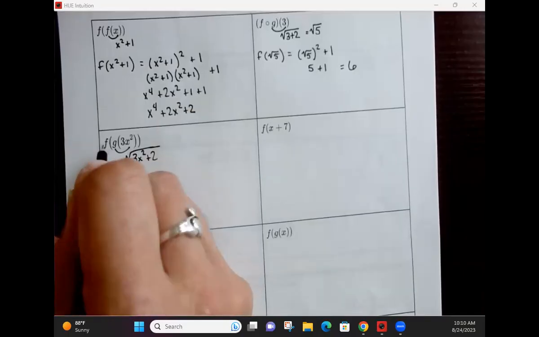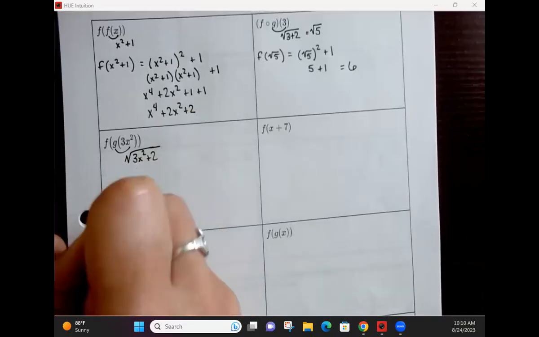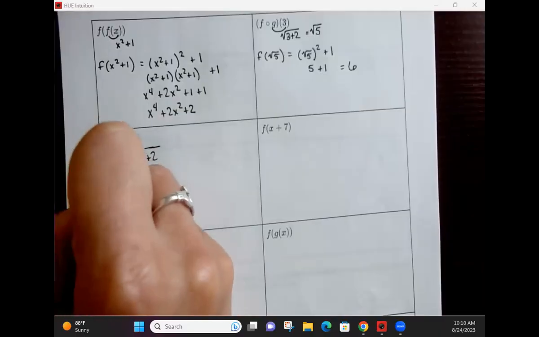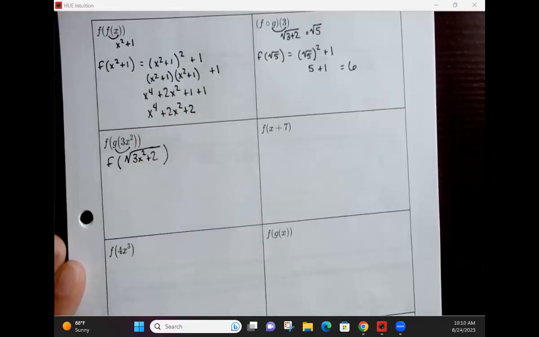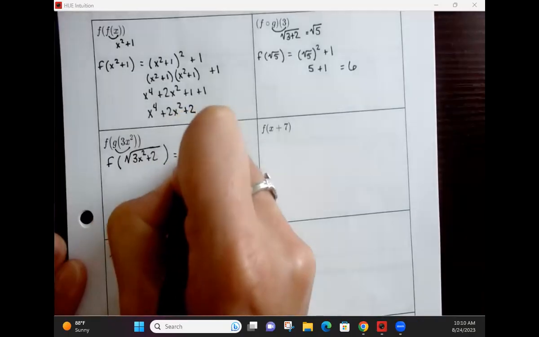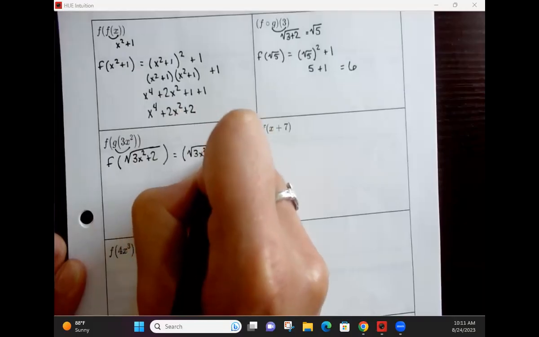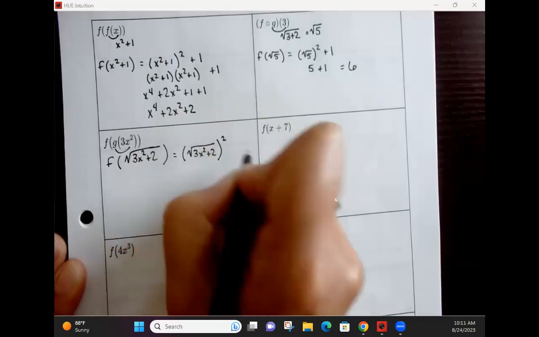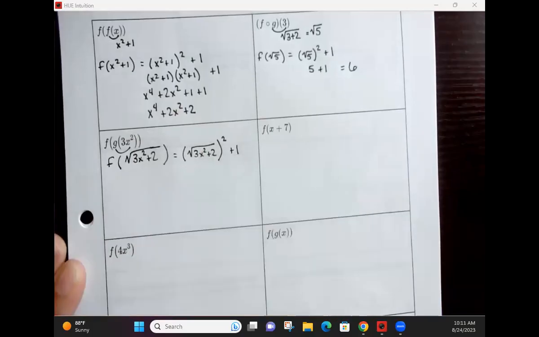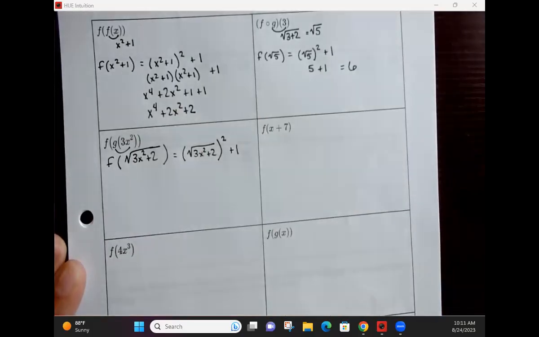And this is what I will plug into f now. So I'm taking f of this thing. That means I get the square root of 3x squared plus 2, squared, plus 1. Right?